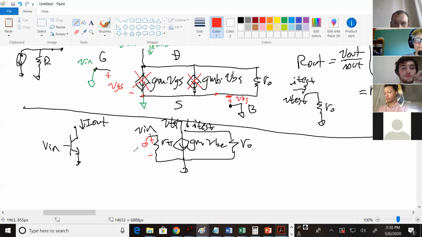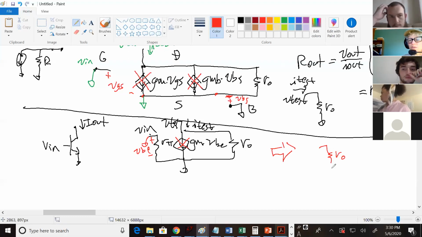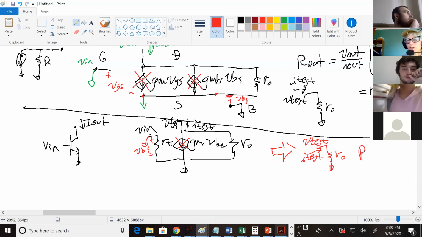And again, I always like to write in my voltages. VB is 0, so this goes away, and this goes to RO with your V test and I test. And your R out equals RO. So same thing.